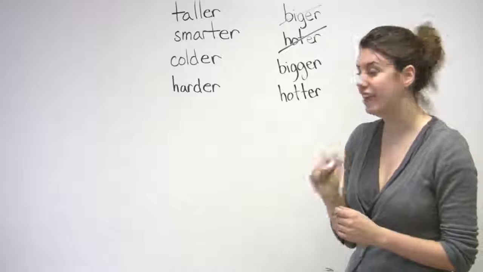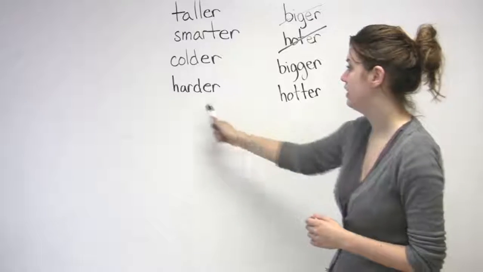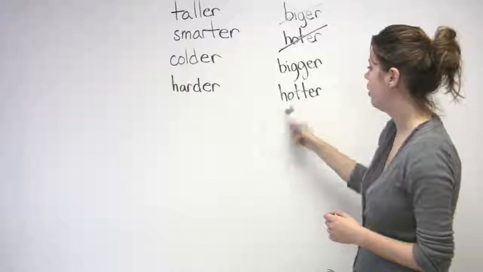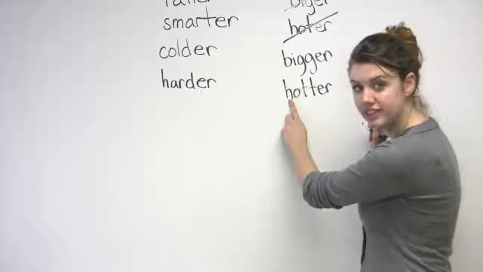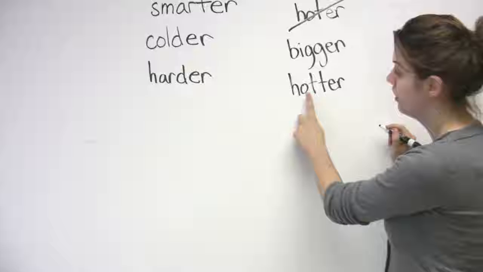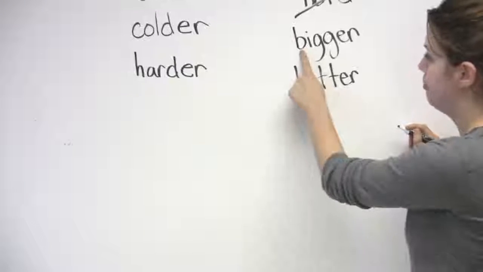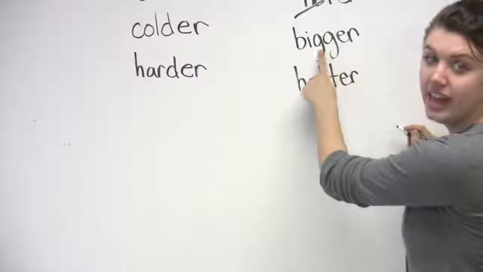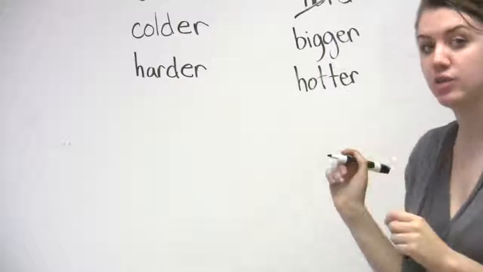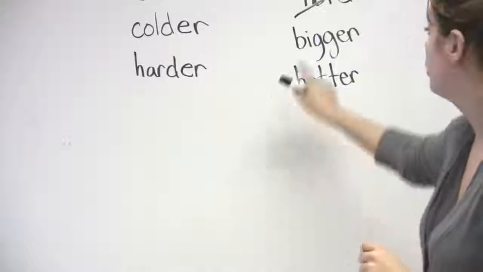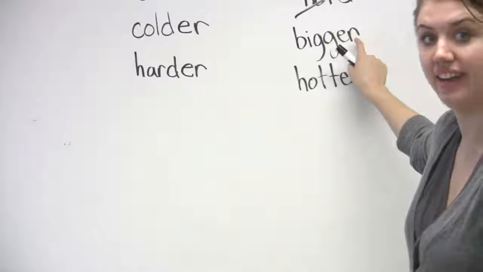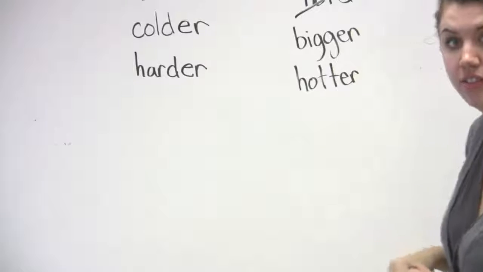So the difference, again, with this adjective as opposed to this adjective is the words big and hot end in consonant, vowel, consonant. So B is a consonant, I is a vowel, and G is a consonant. And when an adjective ends with a consonant, vowel, consonant, we need to double the last consonant and then add ER.